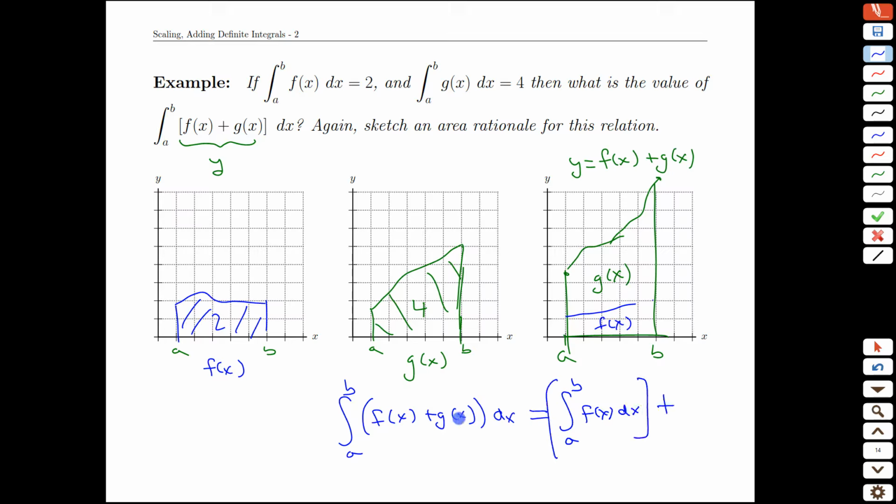And then we can add the area under the g graph, like so. And we can just add them separately. In this case, it would give us 2 plus 4 equals 6. So again, what we're doing is visually stacking one graph on top of the other graph, and then making a conclusion about the areas underneath them, which is what the integral is computing here.